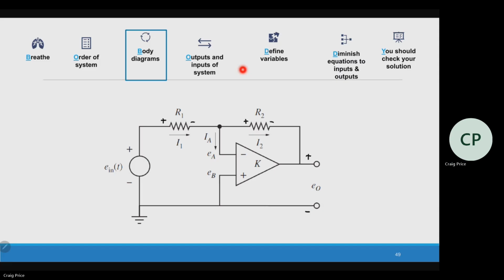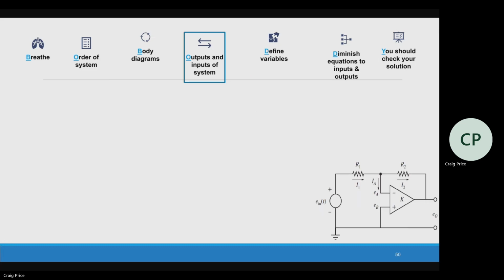Okay. Inputs, outputs. Wait, questions? Inputs, outputs. This one's pretty easy. My input is E in, and my output is E out.